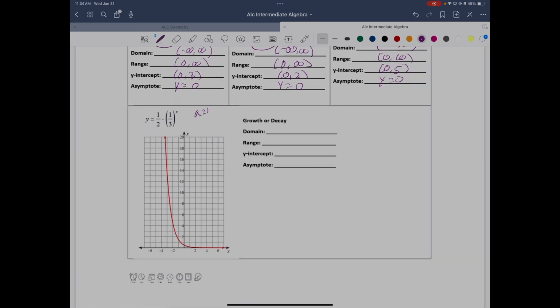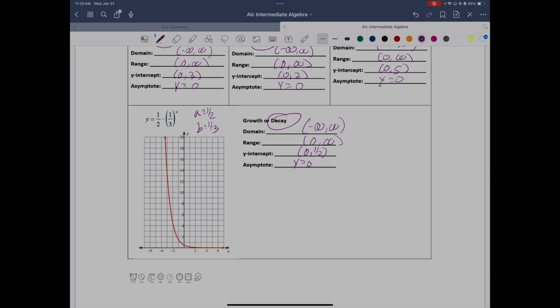A value is 1/2. B value is 1/3. So we know it's decay. Domain, negative infinity to infinity. Range, 0 to infinity. Y-intercept? (0, 1/2). And the asymptote line, y equals 0. Lots of zeros in this stuff today.